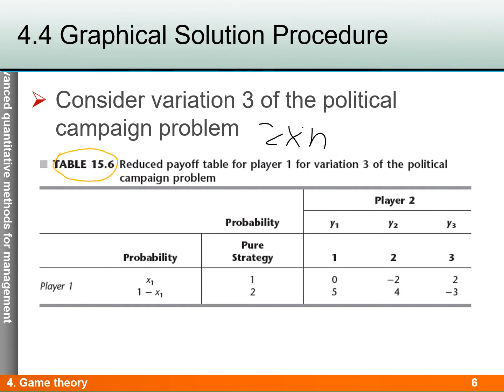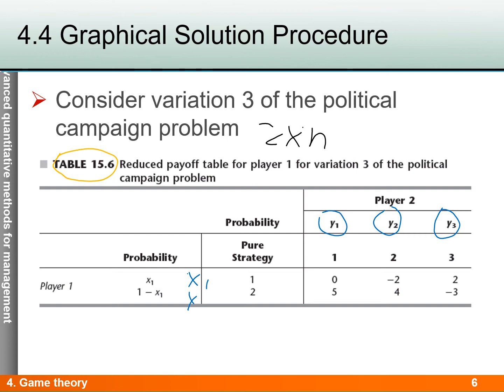Okay, as an example, here I can say the strategy 1 happens with probability x1 and the strategy 2 happens with probability x2. Okay, while three strategies of player 2 happen with these three probabilities. Okay, for sure, this is x2.